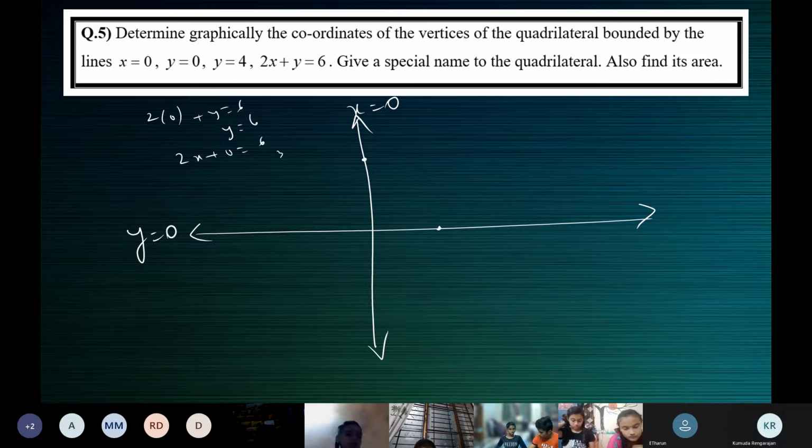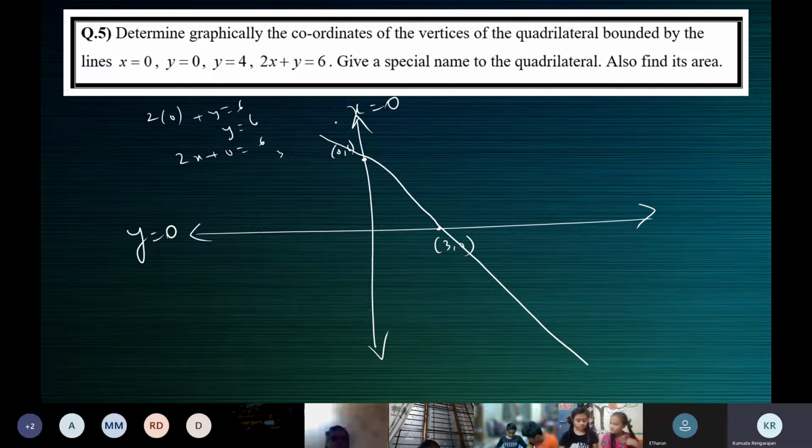So your line should pass through 3, 0 and 0, 6. Am I right? Yes, ma'am. Your line 2x plus y is equal to 6 will cut the y-axis at 0, 6 and x-axis at 3, 0.